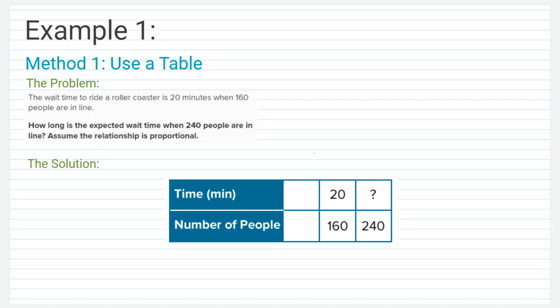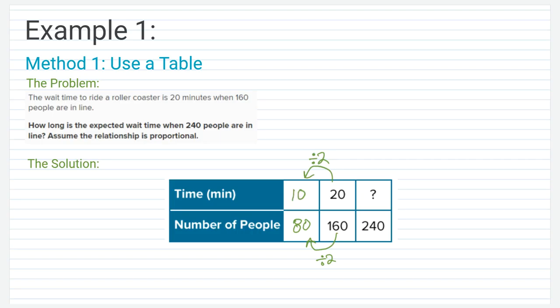So we can ask ourselves, is there a way to simplify this ratio down to a smaller value that I can then multiply easily to get to 240? If I divide this by 2, that gives me a value of 80, and if I do that for the bottom values, I have to do the same math to the top. So this tells me it's 10 minutes for 80 people.